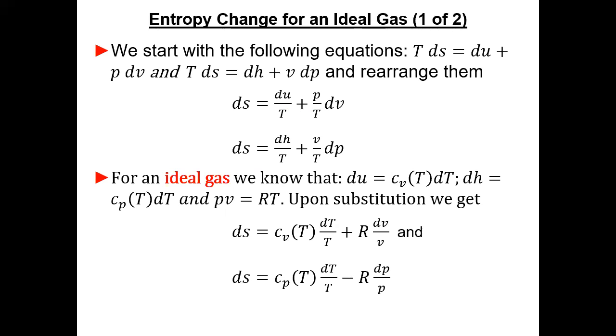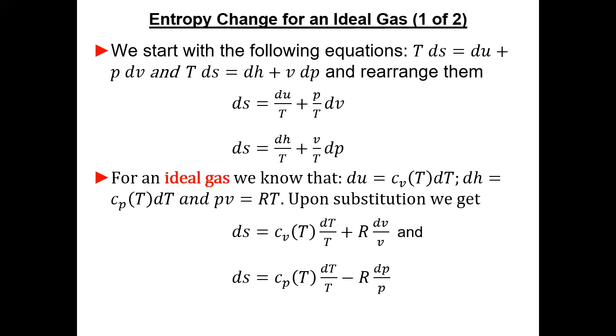And then for an ideal gas, we know that du is Cv of T dT, dH is Cp of T dT, and we know that PV is equal to RT because that's the ideal gas law. So then we do the substitutions. For du, we put in Cv dT over T.